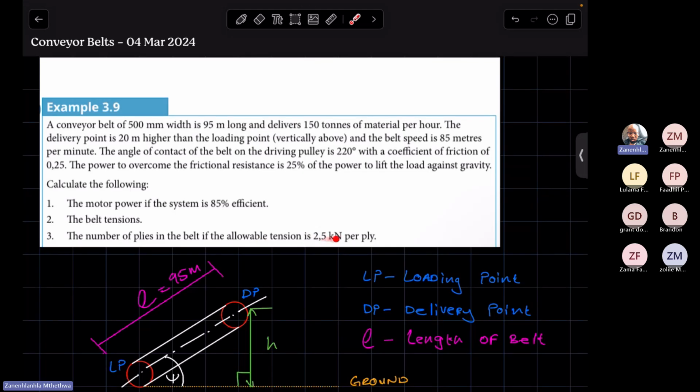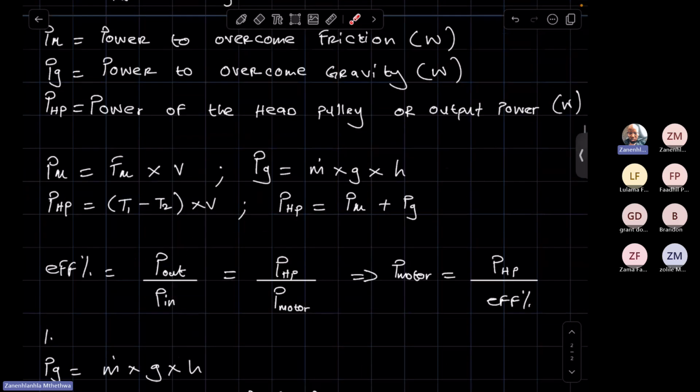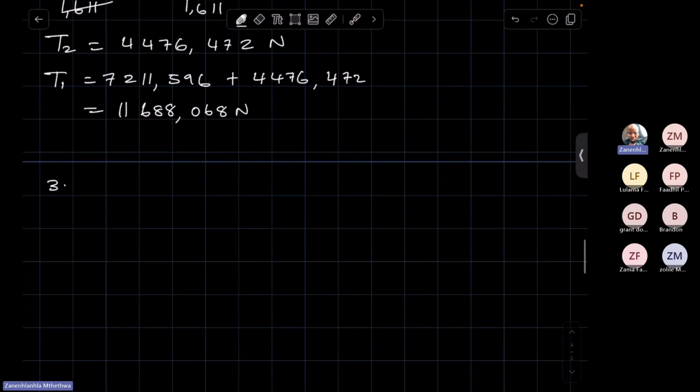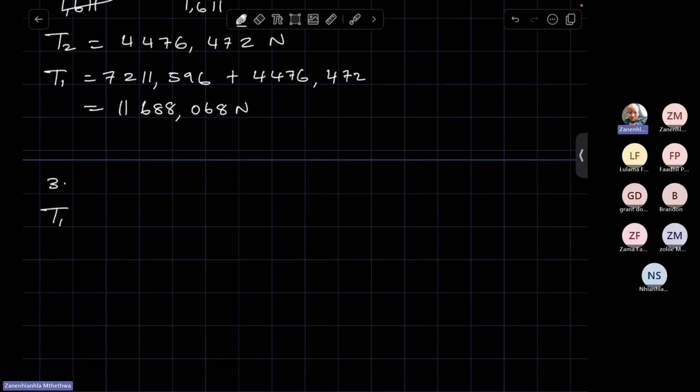So essentially here, they've given us Tmax, and it is expressed in terms of number of plies, right? So now, as we know, T1 can be expressed in terms of Tmax.